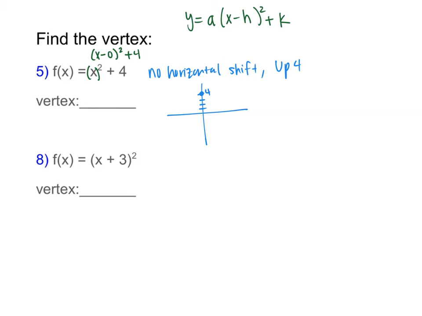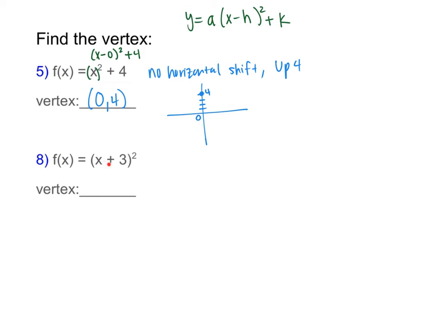So that coordinate point there is 0, 4. So this would be 0, 4 for the first equation. And that's it. So anytime x doesn't have parentheses wrapped around it, it's probably likely that there is no horizontal shift. But if you do see an added number, or a subtracted number after the square, then there might be a vertical shift.